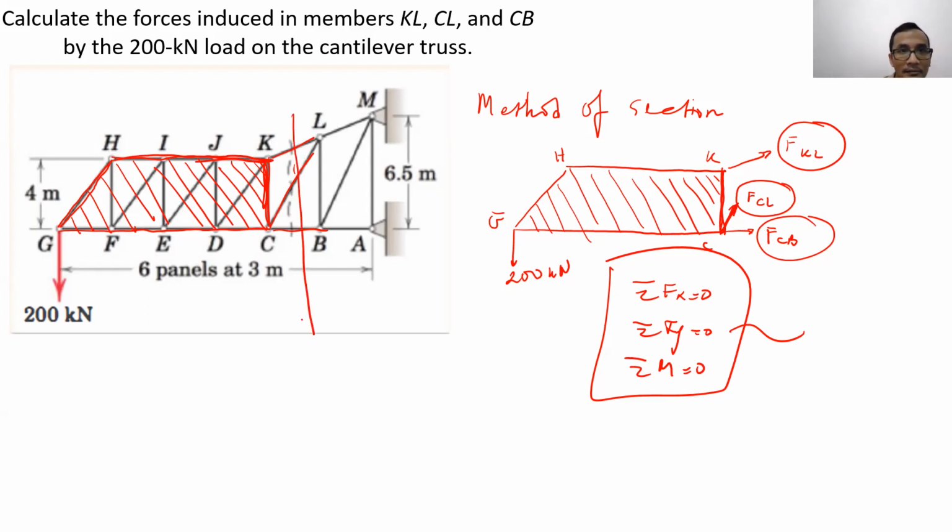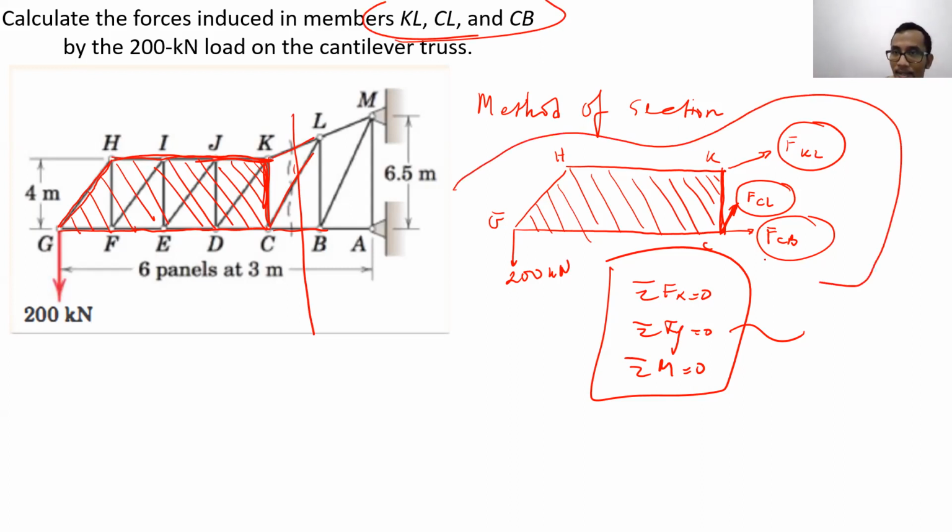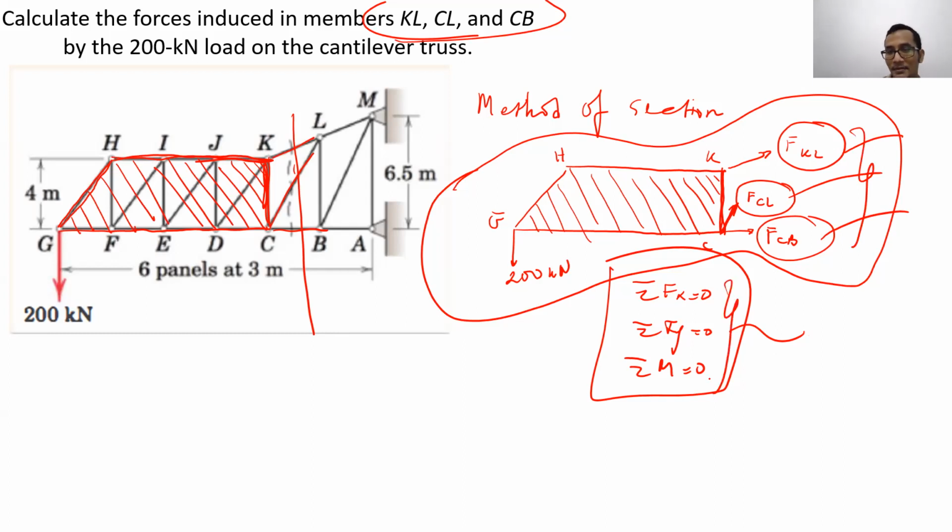So in this case, I cut KL, CL, and CB, purposely cutting those 3 members. Why? Because I need those 3 values. So in our free body diagram, those 3, KL, CL, and CB, will become my external forces. And I can solve for these 3 external forces using the equilibrium equations here. Do you get it, Amelia?